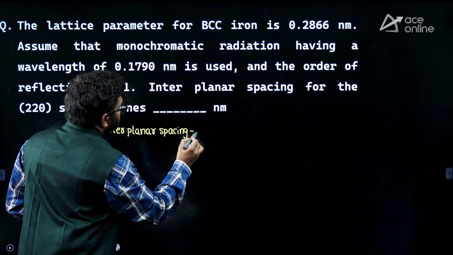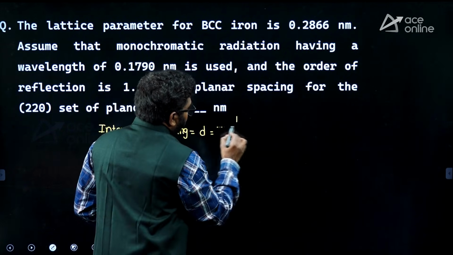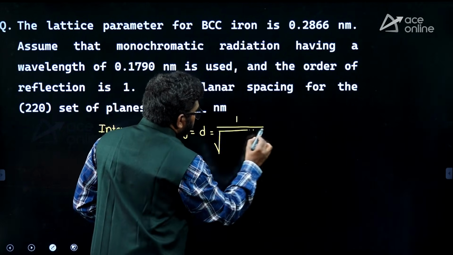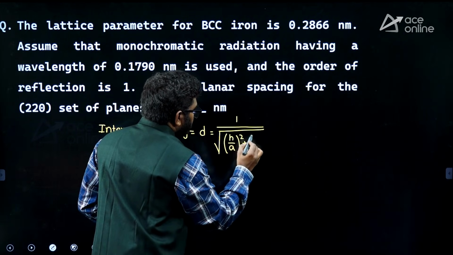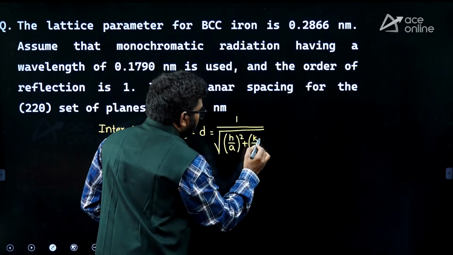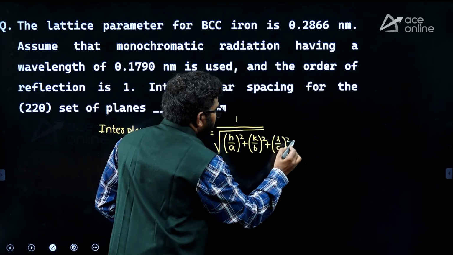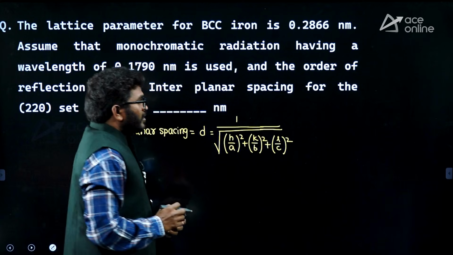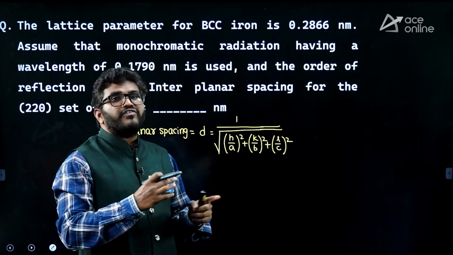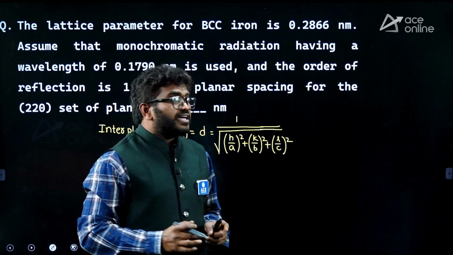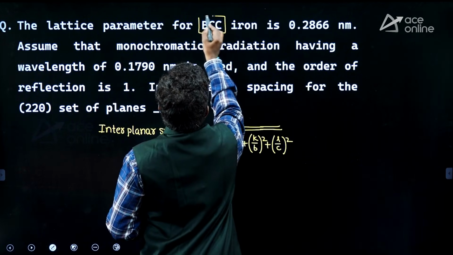If I consider the generalized formula, d is equal to 1 by under root of (h by a) whole square plus (k by b) whole square plus (l by c) whole square. This is the generalized formula applicable for all types of lattice systems. But here for us it is given a BCC structure.